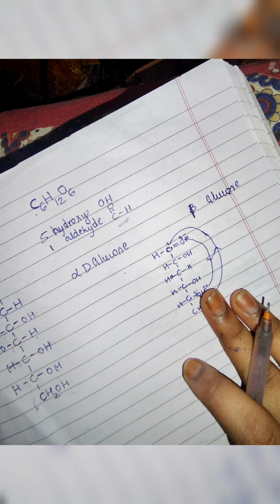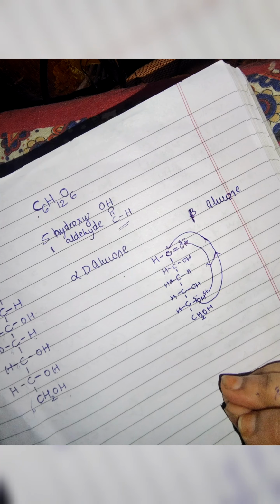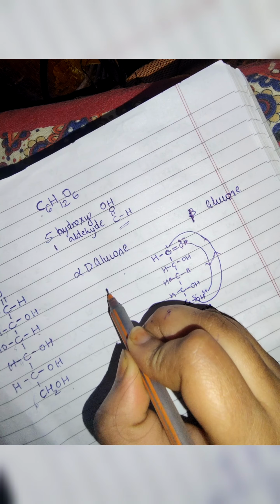After this, a connection will take place. Before writing the Haworth structure, I have to explain this one. Let me show you. Carbon 1, 2, 3, 4, 5, 6, as the attachment takes place.